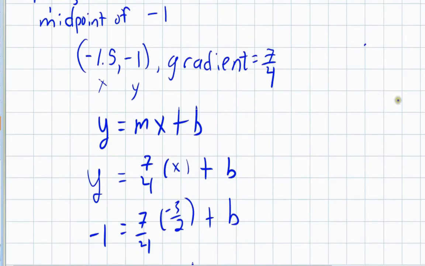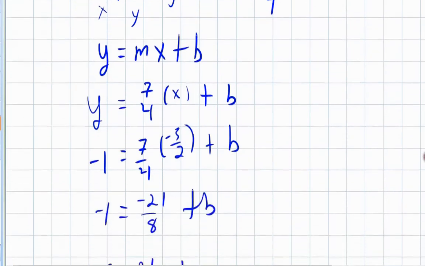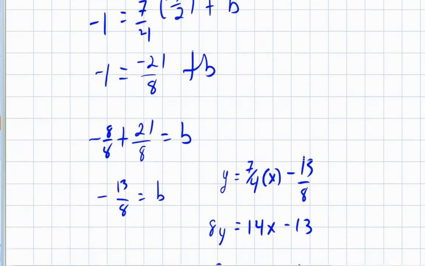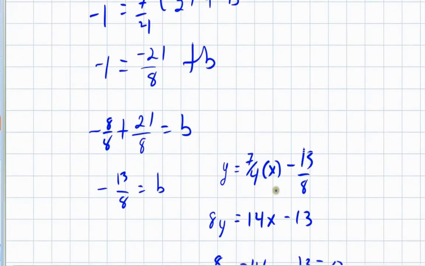So we plug in -1.5 for x, so that's -3 halves, and -1 for y, and we solve for b. And so you can see I've done our math here, and you get b is equal to negative 13 over 8.